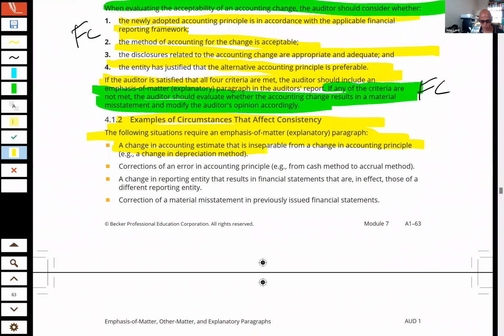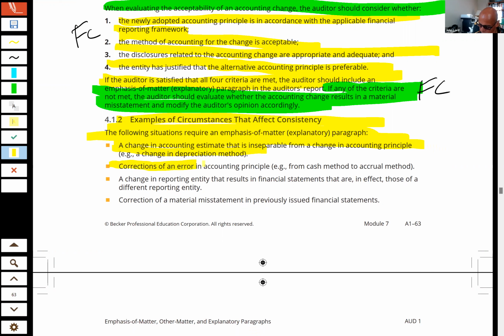You've gone through the FAR information, you know that, right? For the auditing standards, they're saying we don't care, okay? You will still modify the auditor's opinion by adding the emphasis of matter explanatory paragraph for a situation like that, even though US GAAP doesn't consider it a change in accounting principle.